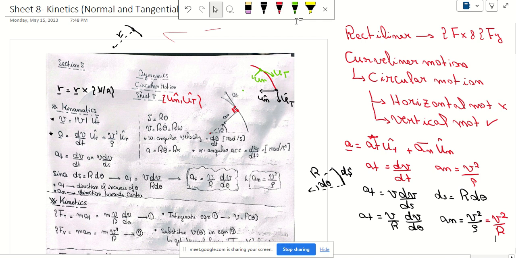Okay, so we will find that this at is equal to v over r dv by d theta, and that's the new expression, and this an is the same as before, v squared over rho.